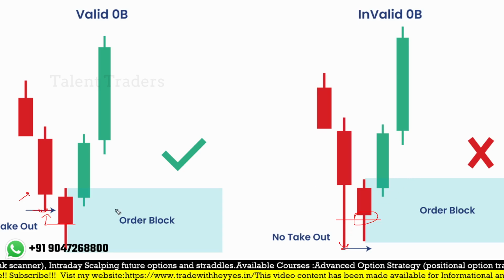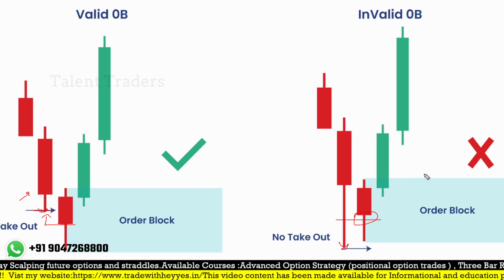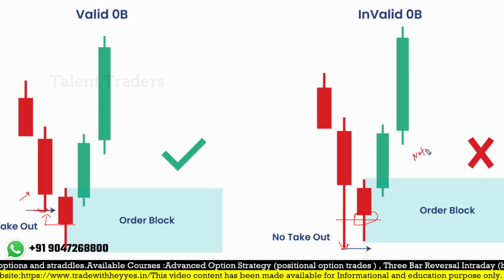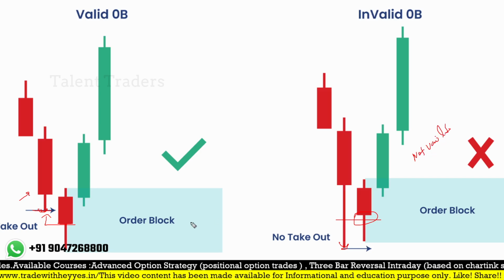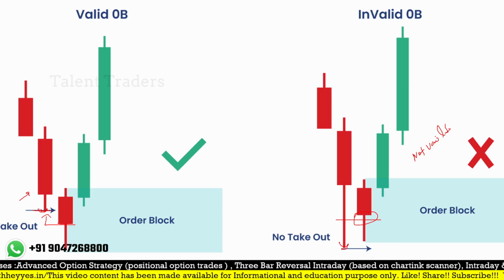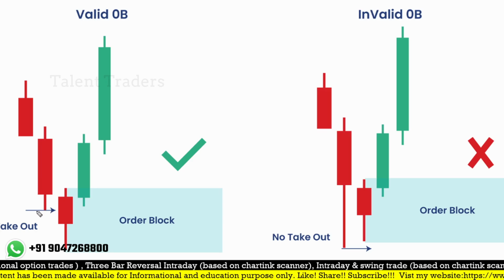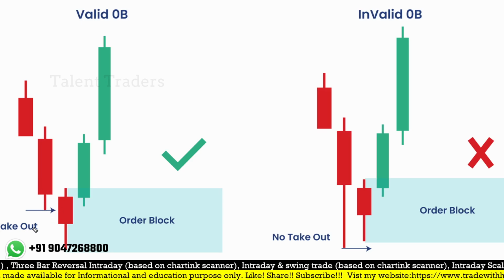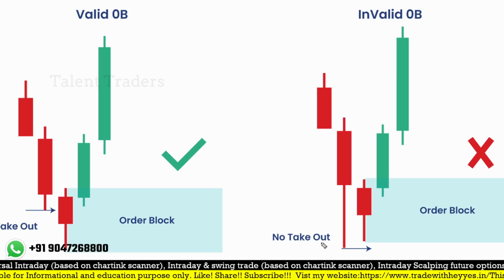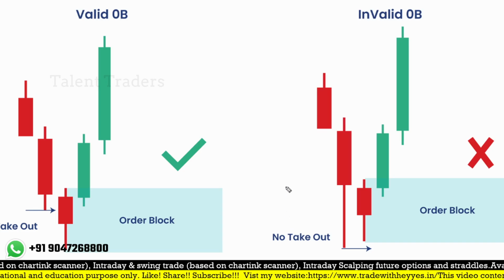Both look similar, but this one is not valid and this one would be valid. Because the only condition that changes is here, in the first and second images the block is a fake out, a no trade or no take out, something like that, it's showing.